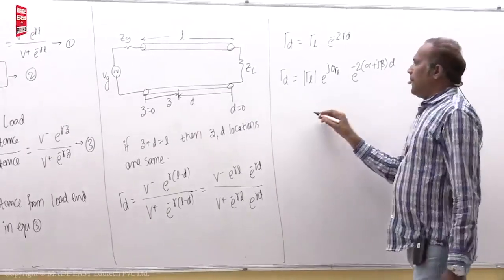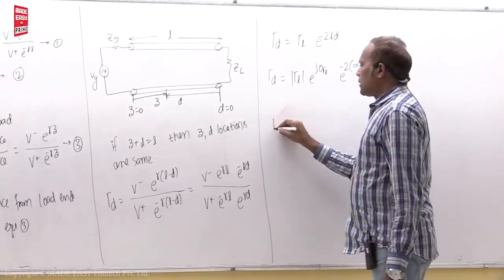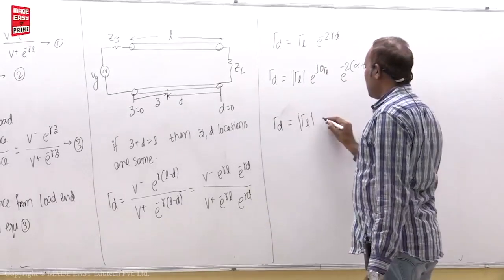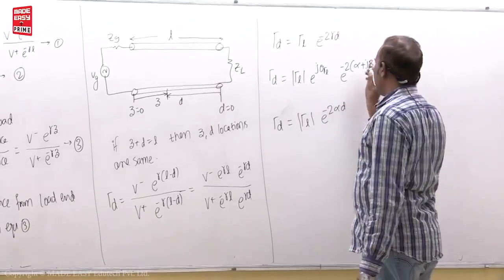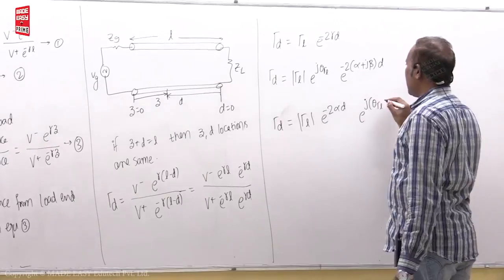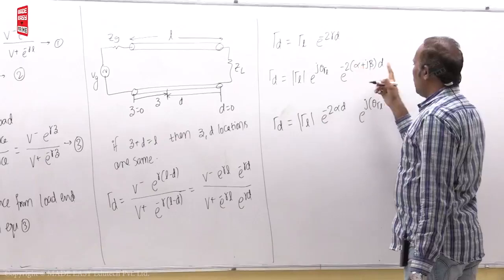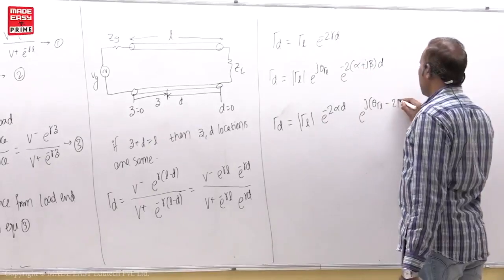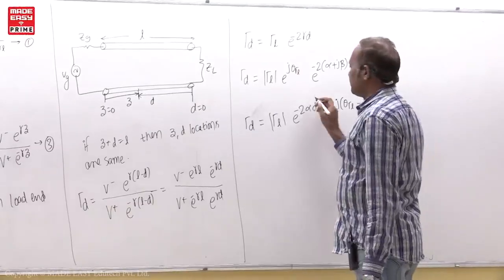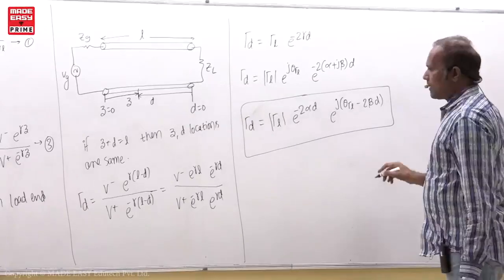Now separate the magnitudes on one side. Gamma D is equal to mod gamma L, which is also a magnitude, e power minus 2 alpha D, which is also a magnitude. Now e power j theta gamma L minus j 2 beta D. j is common, so you get 2 beta D. So this is the most important formula, students, and this is equation number 4.